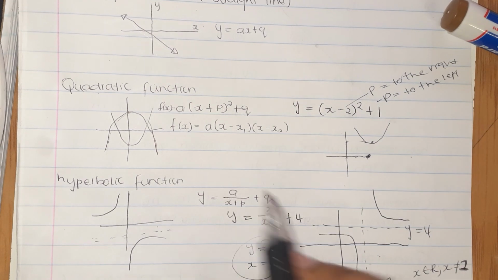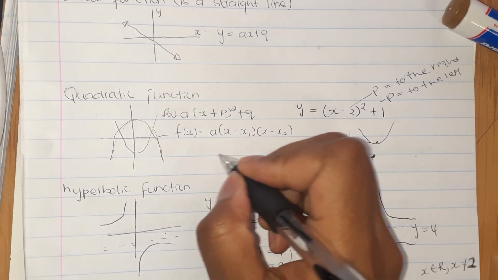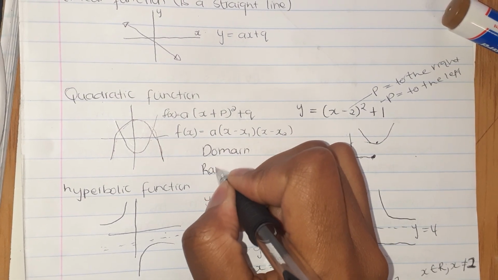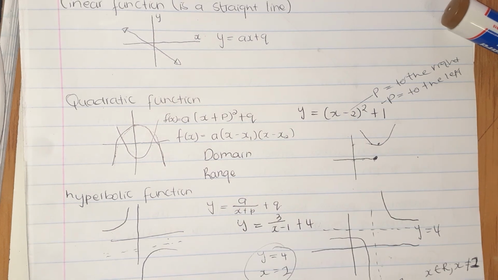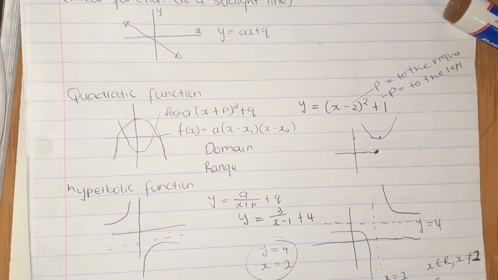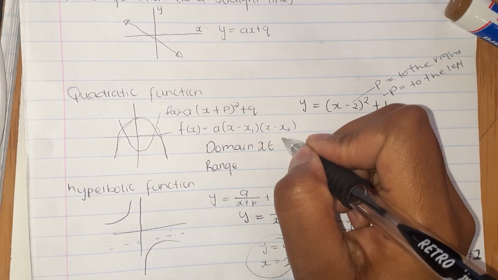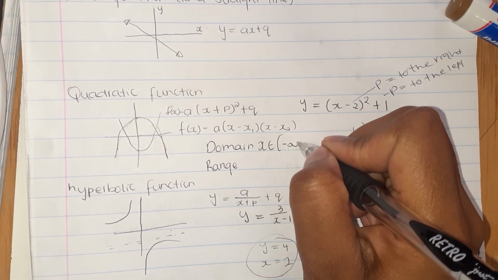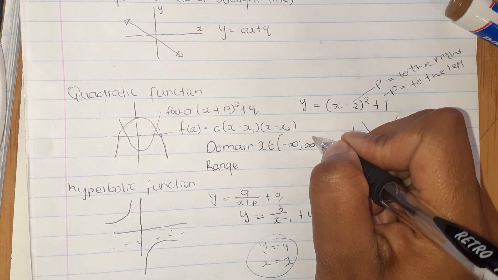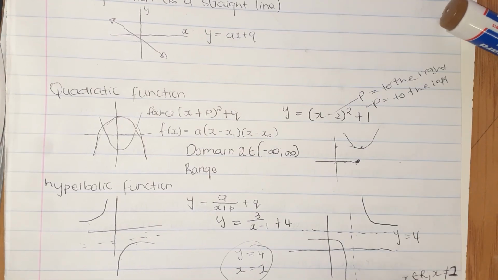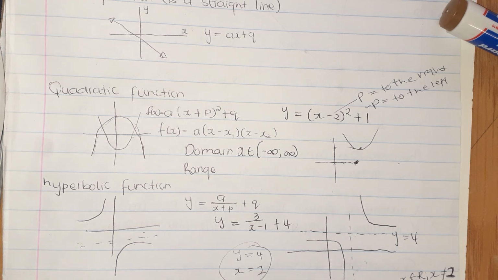For a parabola, for the domain, you can always say x is an element of a real number, from negative infinity to positive infinity. Always you can write your domain like this for a parabola, a sad or happy graph.